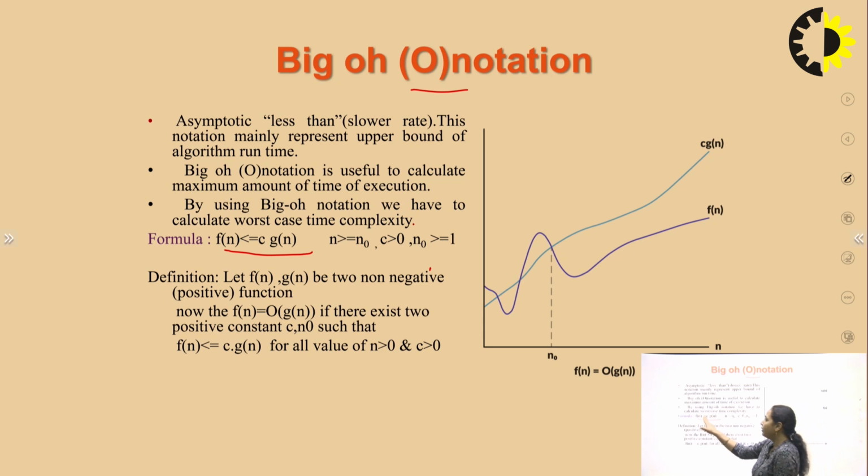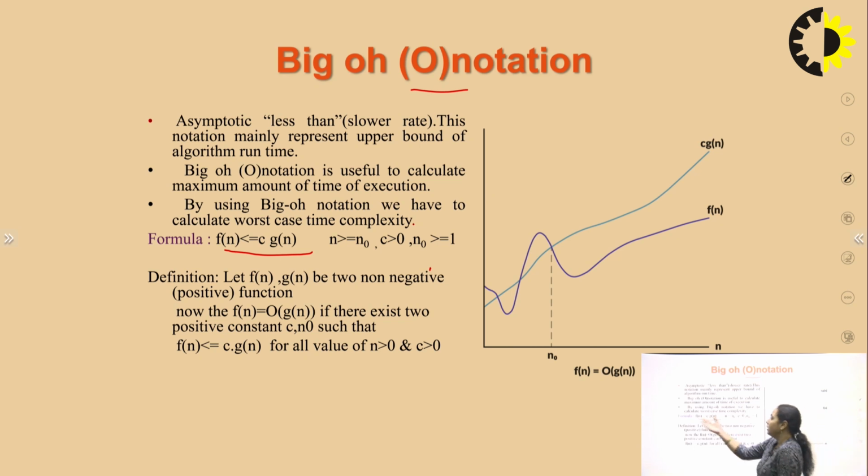So whatever function we have has a value less than c dot g of n. Generally big O notation is used for calculating the worst case complexity of the algorithm. So whenever we want to calculate the worst case complexity, we generally use big O notation.